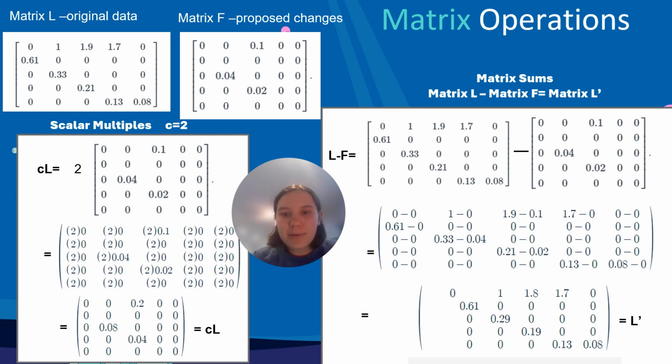So an example is a lobbyist who is proposing some new fishing technology later, which is this matrix F. We'll discuss matrix F a little later, but just to show some matrix sums real quick, if we take our original data and subtract the proposed changes, that's L minus F, we see how each individual entry gets subtracted by a specific value from F, leading us to our final transition matrix, our new technology leading to L prime.